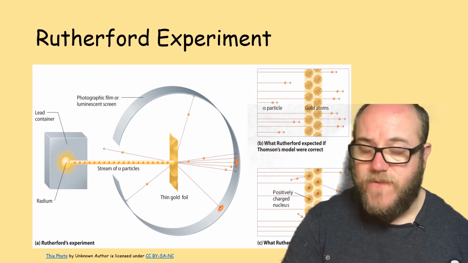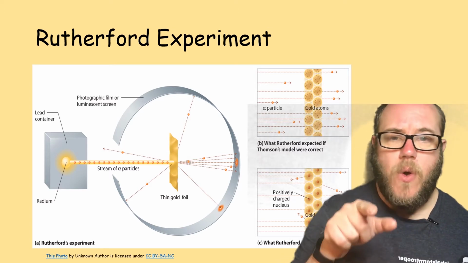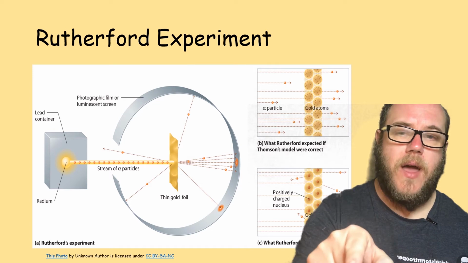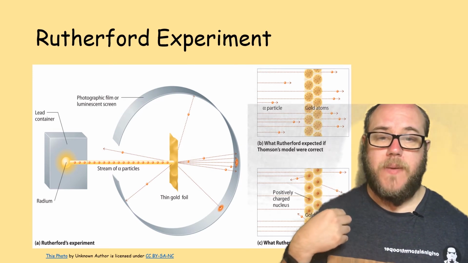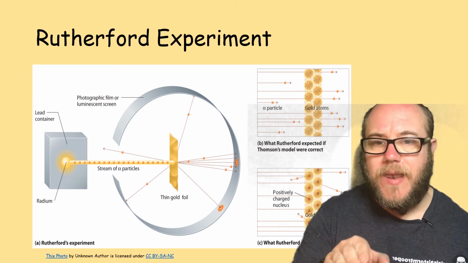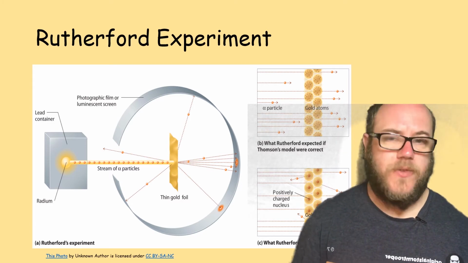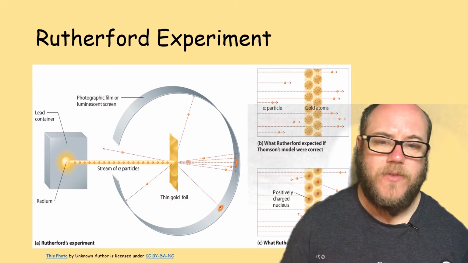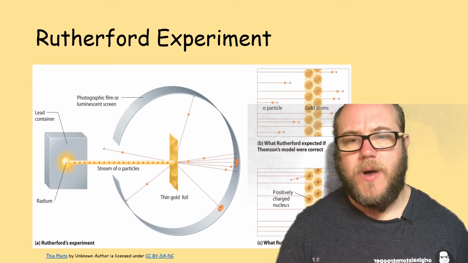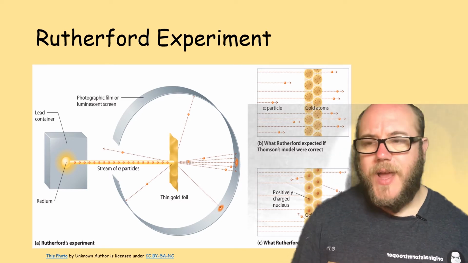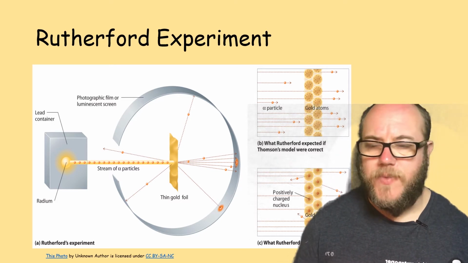Some of them, a very low chance, a very low number, were hitting the center of the atom, the nucleus, and bouncing completely back. Some of them were getting close to the nucleus. Positive things don't like to be next to positive things, so they were being pushed away. But a lot of them did pass through, which meant that actually it was all empty space.